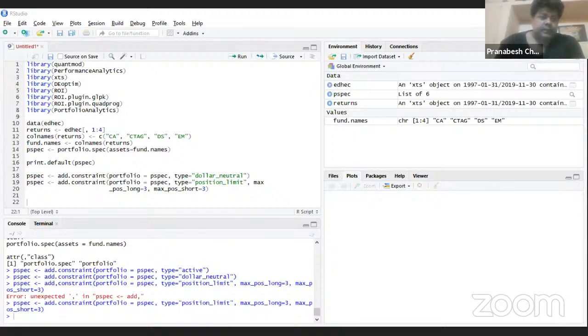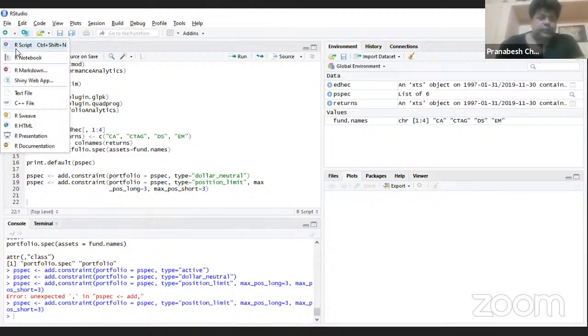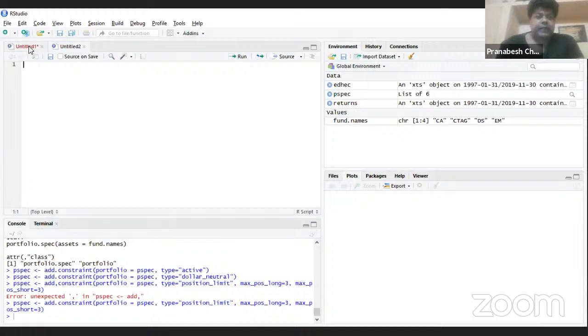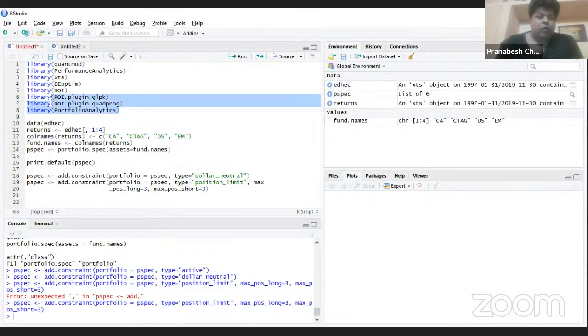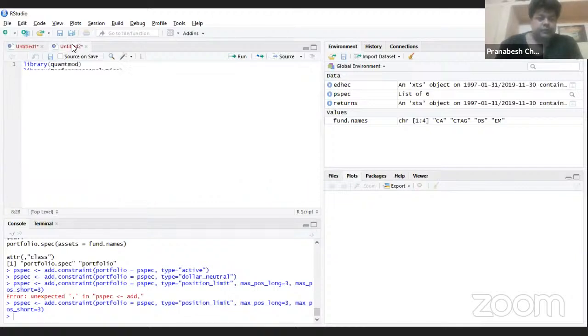So let's create a new worksheet, and we will invoke all our different libraries in that worksheet also. Here we will use one more library, dplyr.